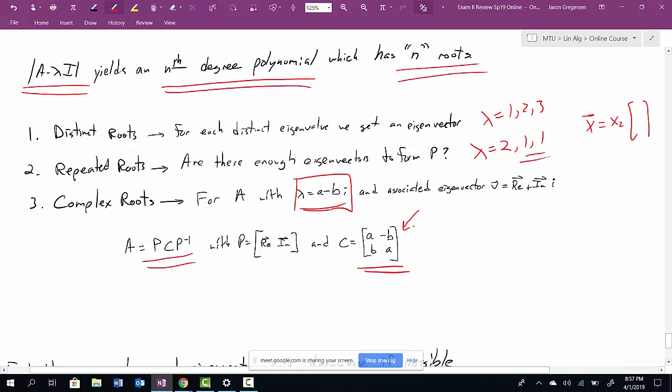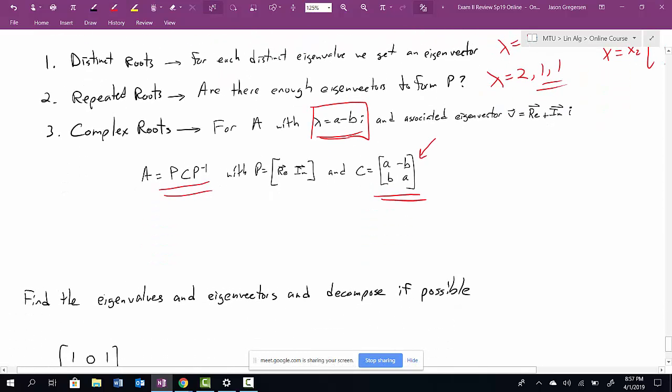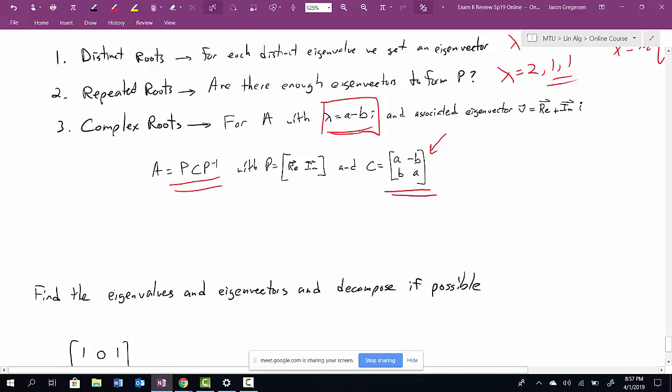So they kind of come in pairs. So when we use lambda equals a minus bi, that's our formula for C. So now I got one example of each, and that should finish off the review session.